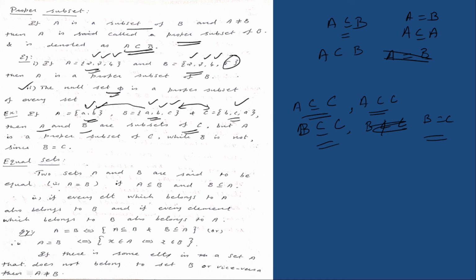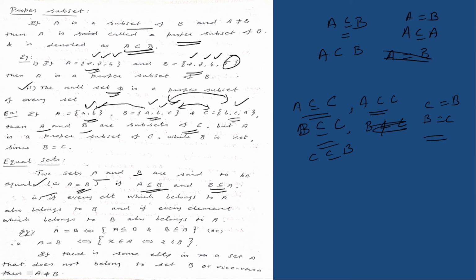Next, equal sets. Two sets A and B are said to be equal, that is A equals B, if A is a subset of B and B is a subset of A. So look at this: B is a subset of C, and here I have to write B is equal to C. Also you can write C equal to B. Both are the same. Also C is a subset of B because both have the same elements.